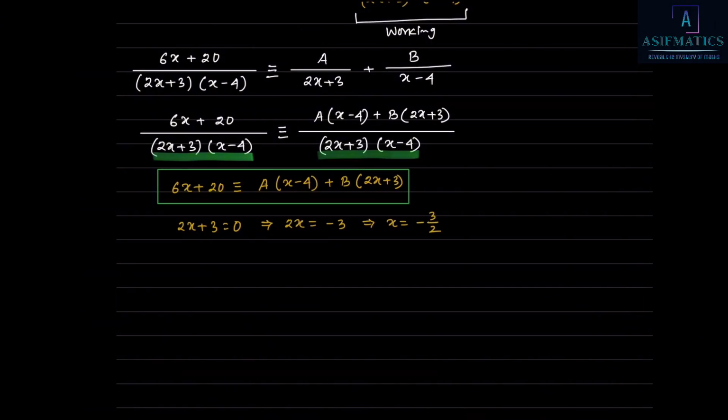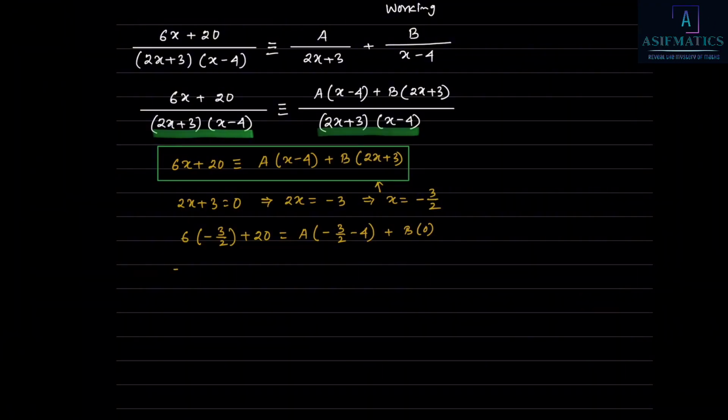Just put the value into the main equation. We get 6 into minus 3 by 2 plus 20 equals a times (minus 3 by 2 minus 4) plus b times 0. So from here we can get the a value directly.